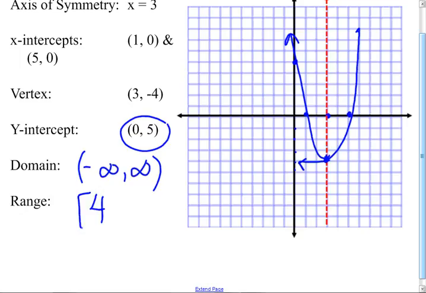That needs to be a bracket, not a parenthesis. Oops, it's -4. Thank you, Janice. Then you want this. Where are these guys going? The y values are going up forever, right? So this is going to go between -4 and infinity.